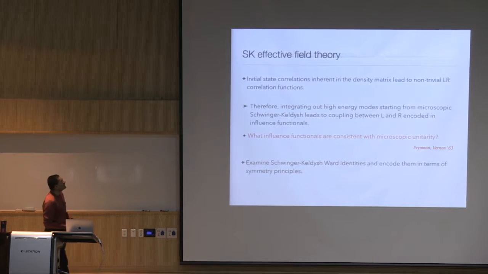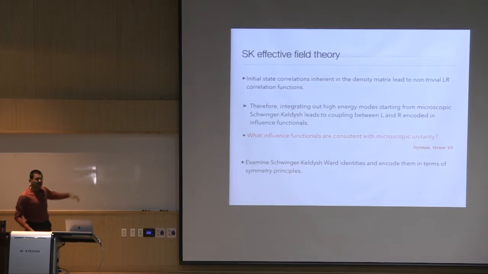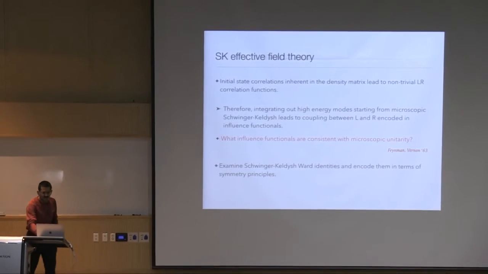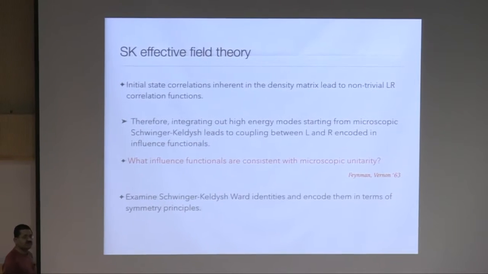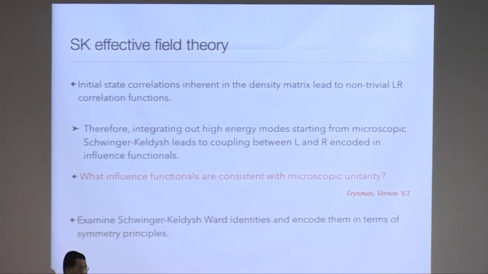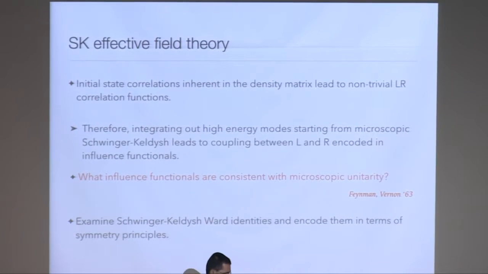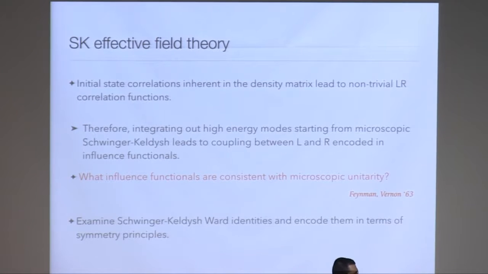Okay, so what we're after is, suppose someone gave us that story, then we can just compute whatever we want. But what we're after is starting with some microscopic system, prepared in some density matrix. But we're not after keeping track of all the details. We want to do some effective field theory.